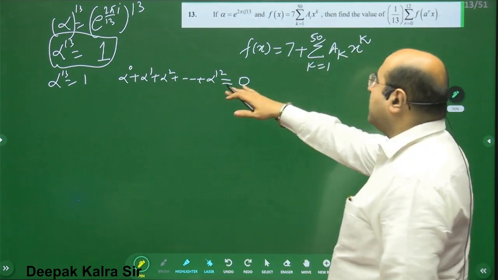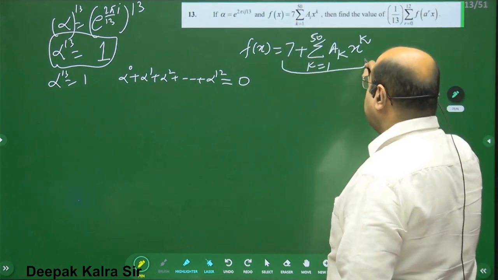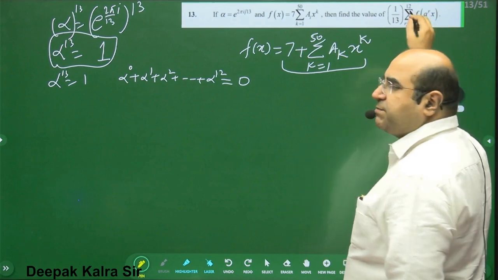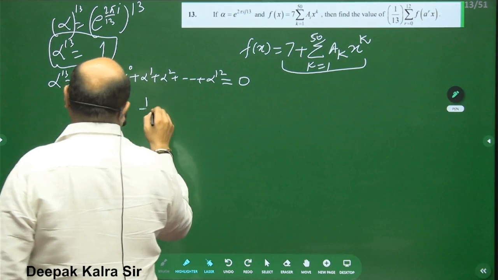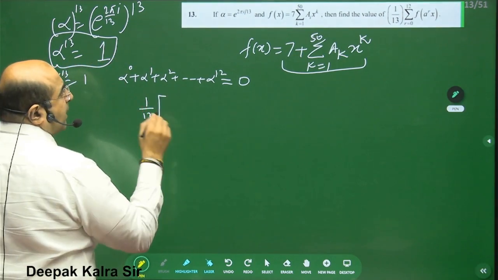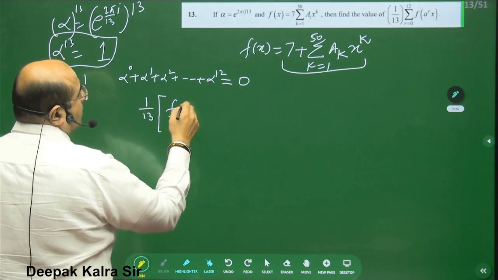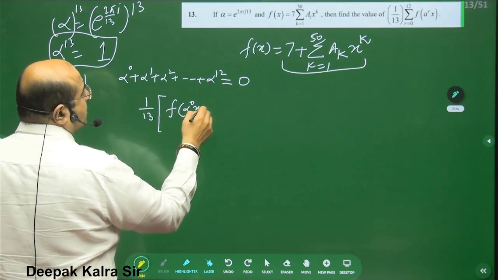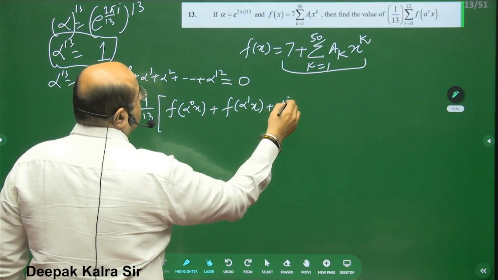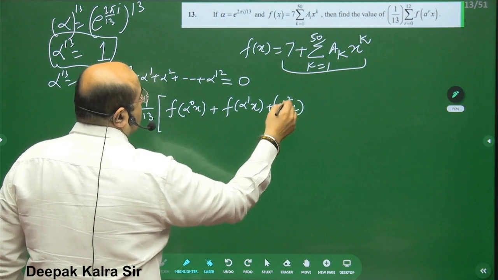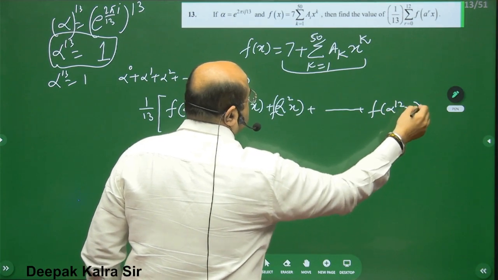Now using this concept, we need to just apply fx, which is this actually, to this place. We need to know this value. I'll write it 1 over 13, bracket sigma open f of alpha power 0 x, alpha power 1 x, alpha power 2 x, and up to alpha power 12 x.